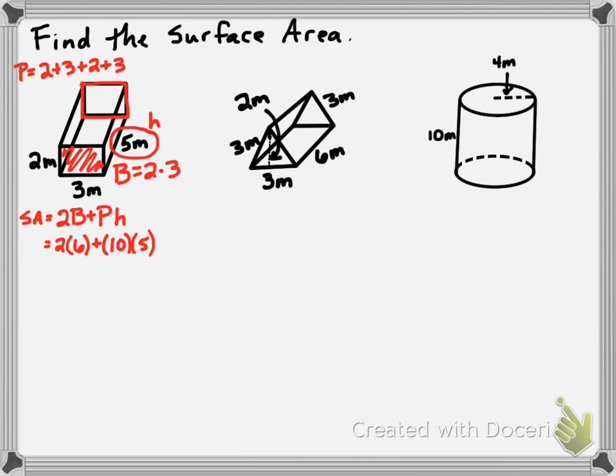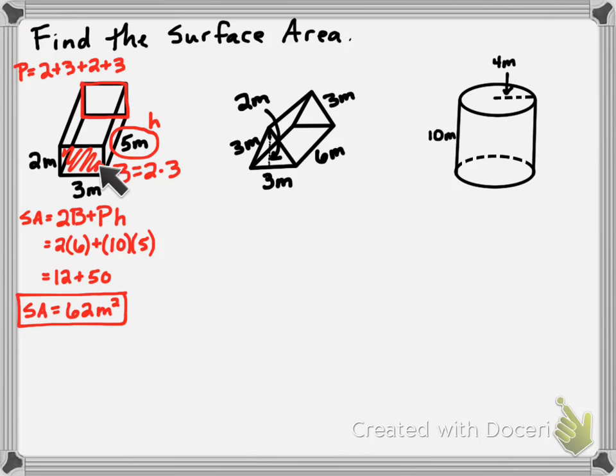So I've got 2 times 6 plus 10 times 5. So that gives me 12 plus 50. Alright, so when I add the 12 and the 50, I get 62 meters squared.